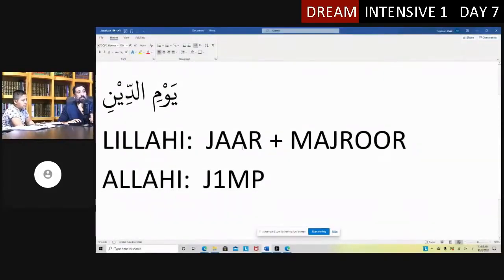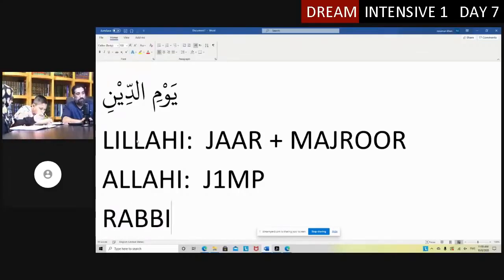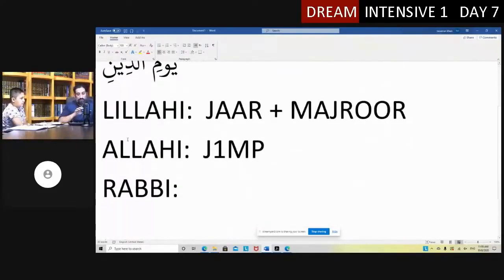Okay, so Li and Allahi is done, jar majroor, right? Rabbi. Before I write about it, don't write this yet, but I'm gonna wonder if it's a mudaf.